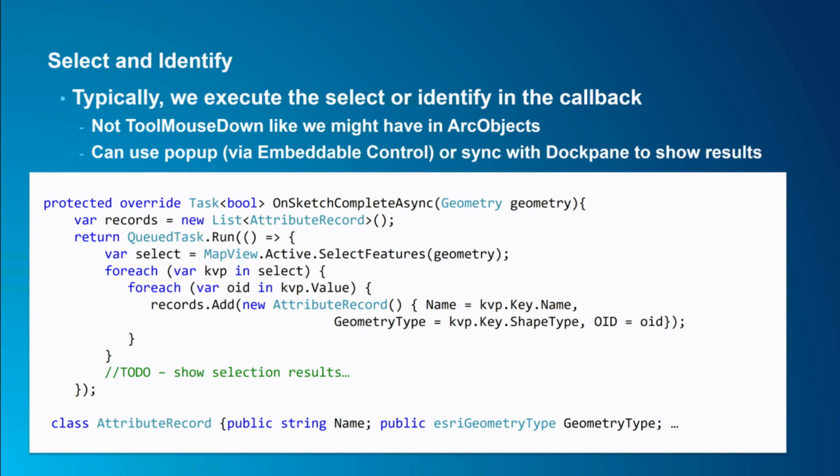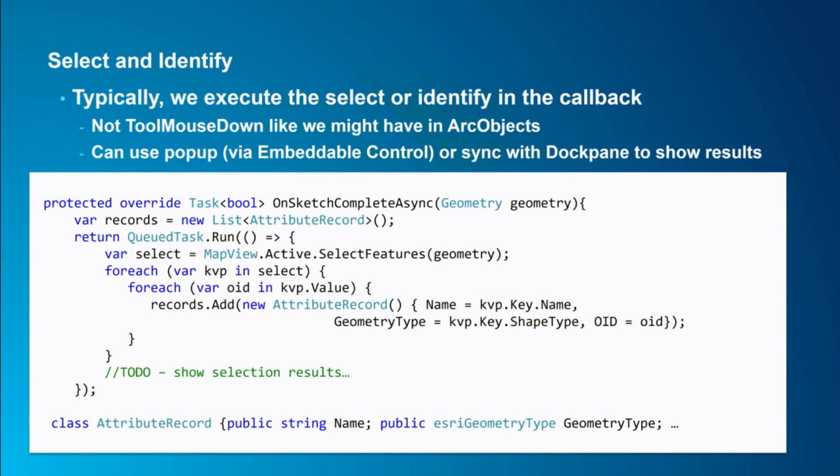So typically, we would execute the select or the identify in the callback itself, not on tool mouse down like you might have done in ArcObjects, for example. And so at that point, you can use a pop-up via embeddable control, or you can sync your result with a dock pane to then display those results.